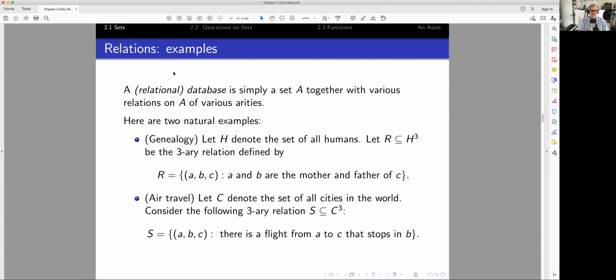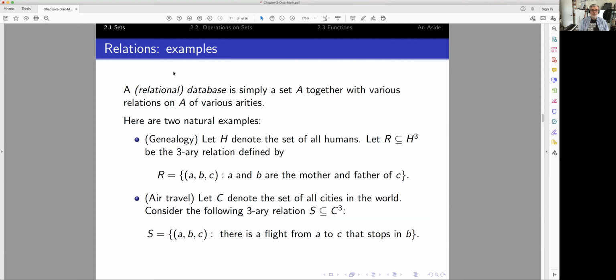So, genealogy. Let's take H to be the set of all humans. And you might object if you're very strict. You'll say, wait, that's not well defined because it changes all the time because people are being born and dying. That's true. Well, let's just take a picture. Boom. Right now, that's H, our set of all humans.